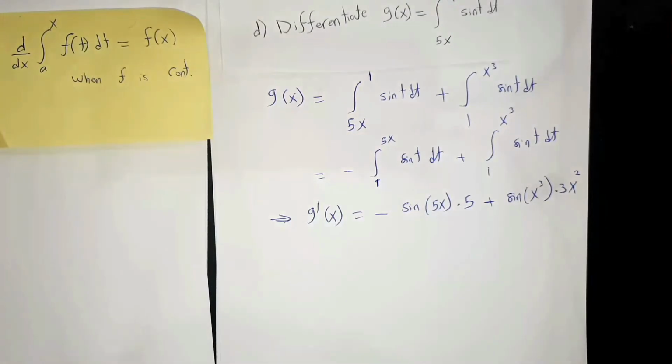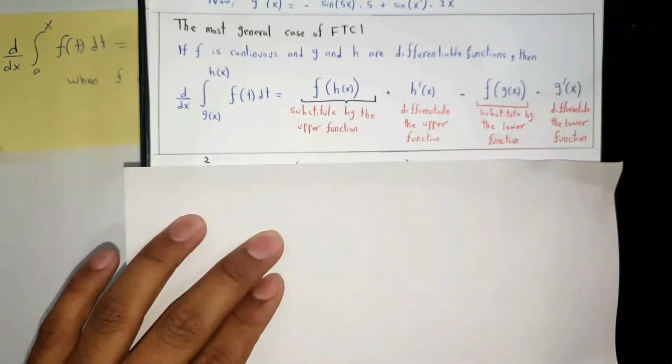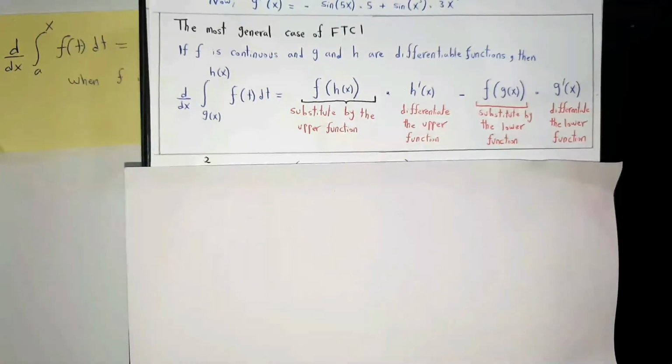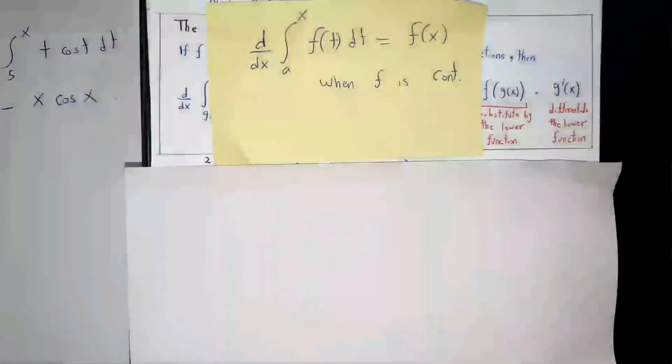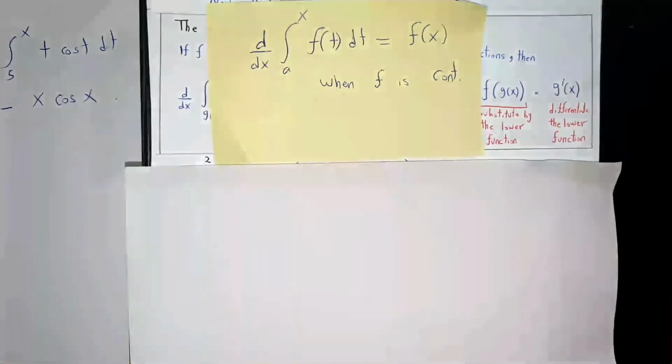Since we do not have any question, let us see the general version of FTC1 together and we will illustrate by more examples. Here we have a question. He said, I didn't understand the target of this theorem. You will understand why. First, we will differentiate functions of this form, because usually in the application in physics or chemistry, you will have functions of this form.